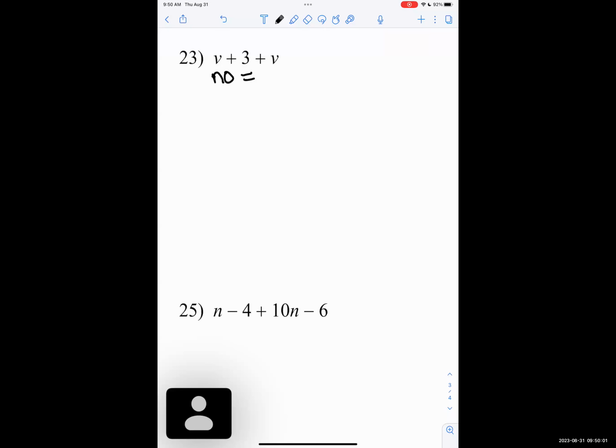So when there is no equal sign, it is an expression. We are not solving. We are just combining like terms.